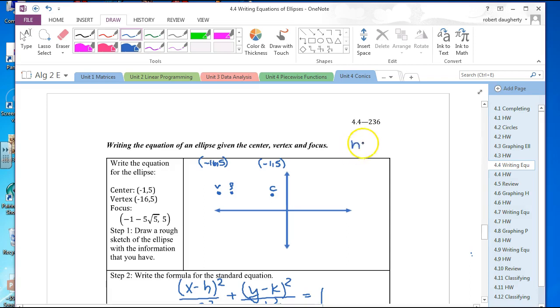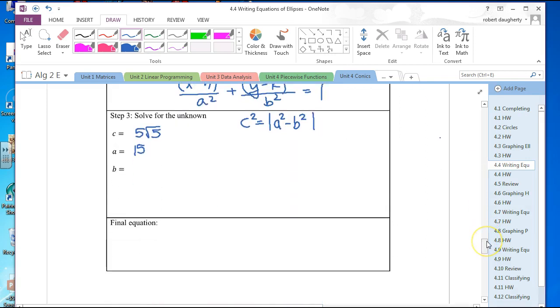So because this is horizontal, I know that A is greater than B. So when I get down to here, I know that A is greater than B because this is a horizontal ellipse. So that means A squared minus B squared, is that a positive number or a negative number? It's a positive number. So that means I can write this as C squared equal A squared minus B squared.